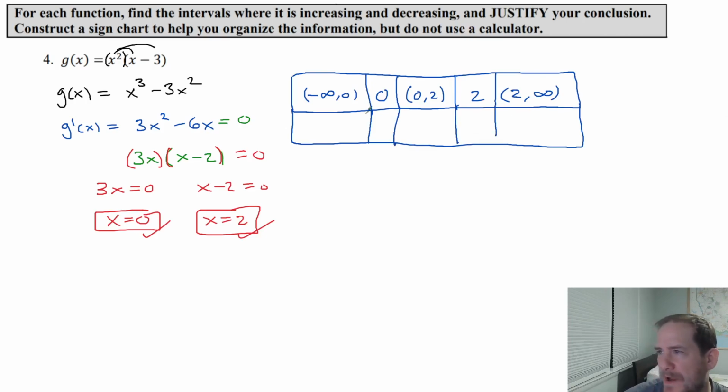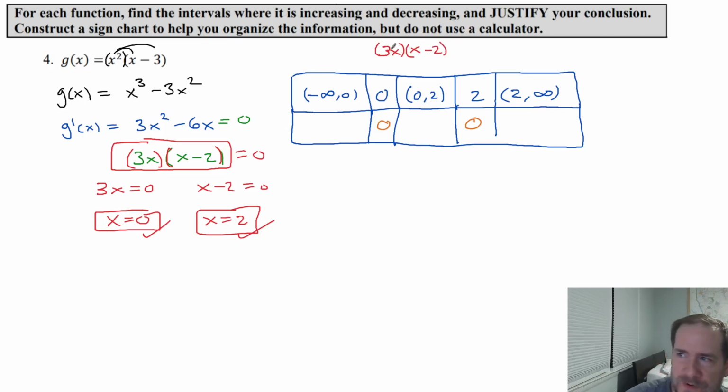Of course, bearing in mind that, again, 0 was a 0 of the derivative, and 2 was a 0 of the derivative. So both of those are just zeros. And then I evaluate these intervals, and I'm going to go ahead and evaluate this version of the derivative, the one where I just have a 3x times an x minus 2, because in my opinion, those are nice simple expressions that are just being multiplied.